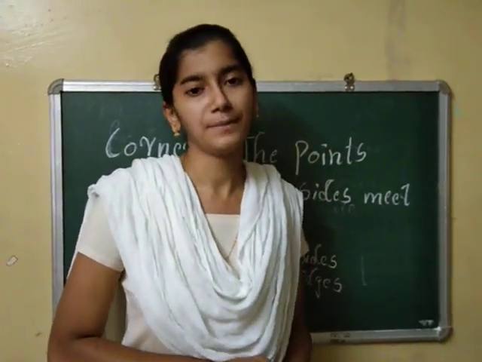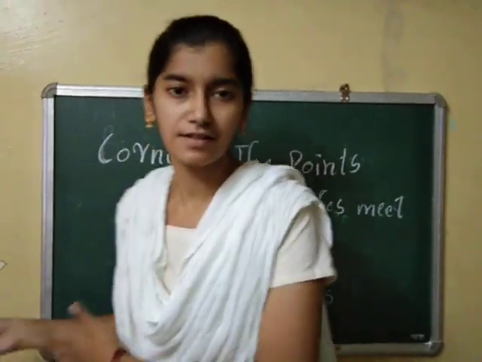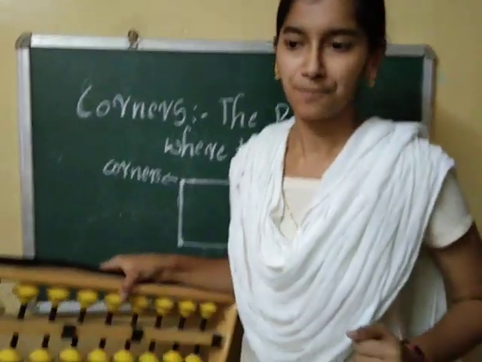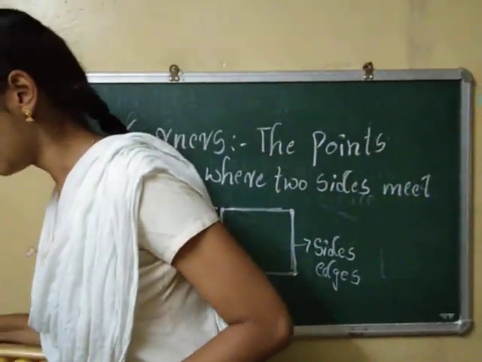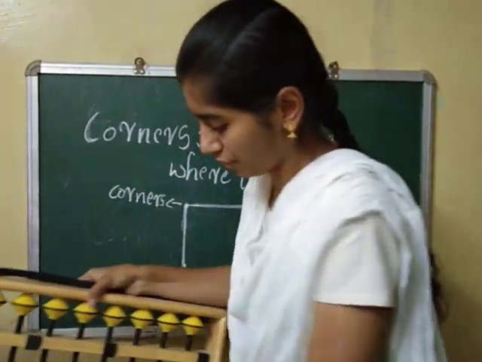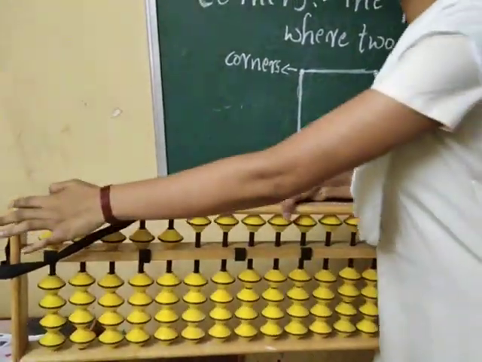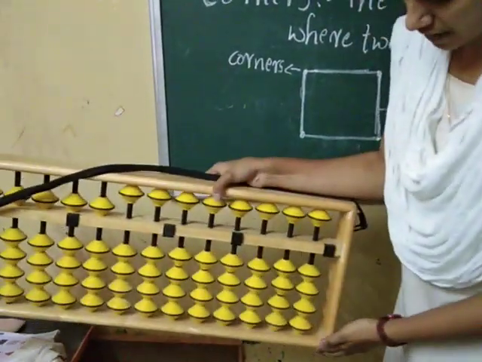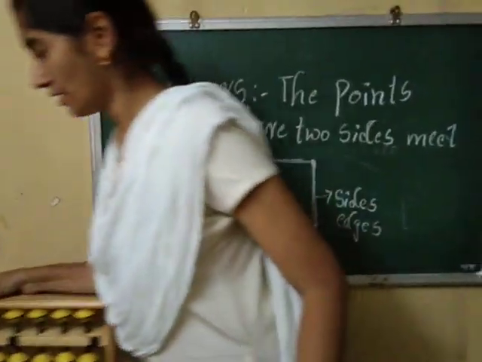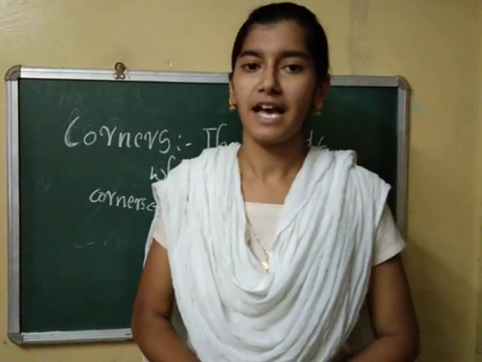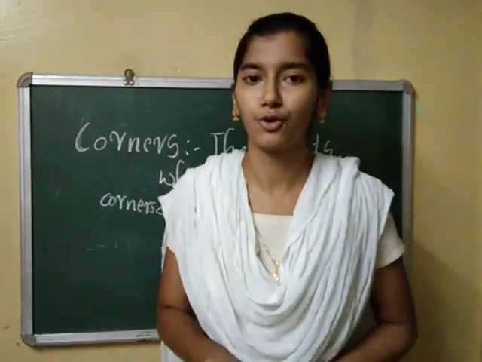For example, if I take my master scale, it is in the rectangular shape. Yes, it has 4 sides, that is straight lines, 1, 2, 3, 4. 4 sides. So what about the corners? 1, 2, 3, 4. Understood? 4 corners. So in this master scale we have 4 sides and 4 corners.